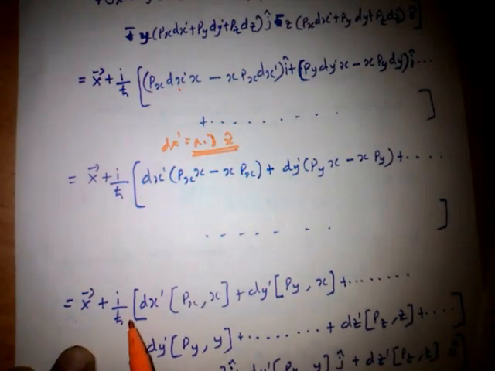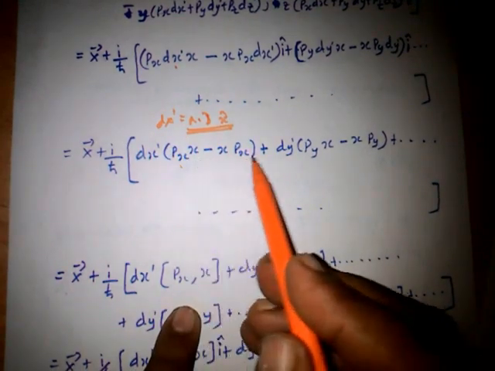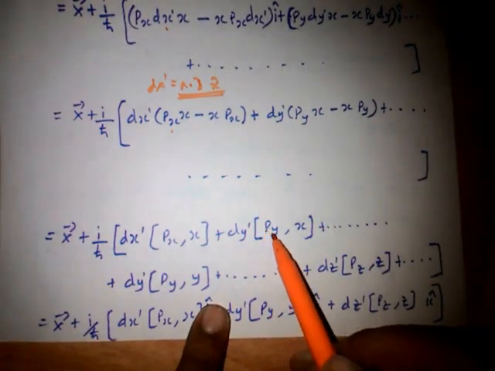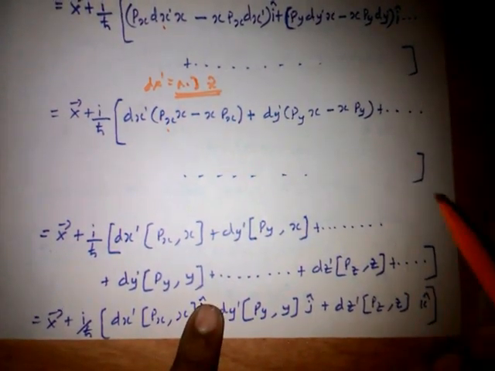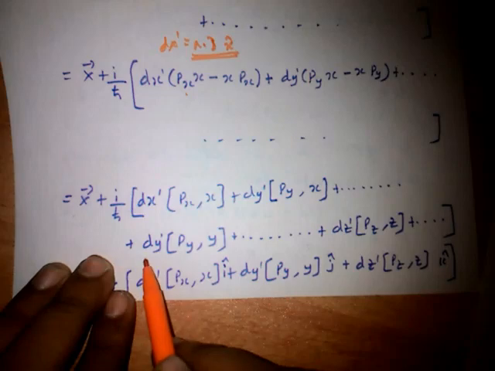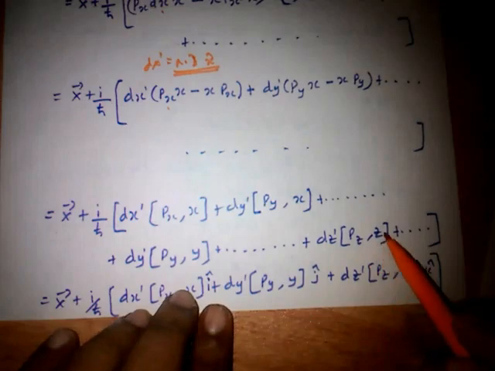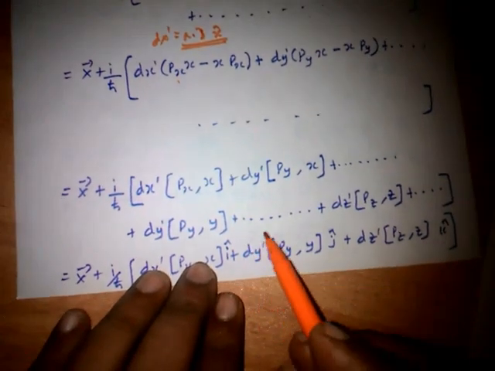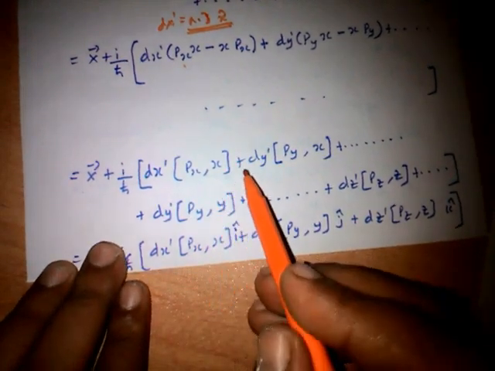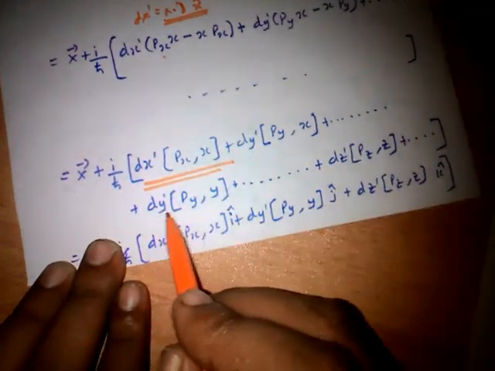And that is equal to x plus i/ħ dx' [px, x]. This is AB minus BA, so I can write [px, x] plus dy' [py, x] plus etc., plus dy' [py, y] plus etc., plus dz' [pz, z] plus etc. You have to fill in the blanks, and I just selected some specific terms only because only these terms will be useful.